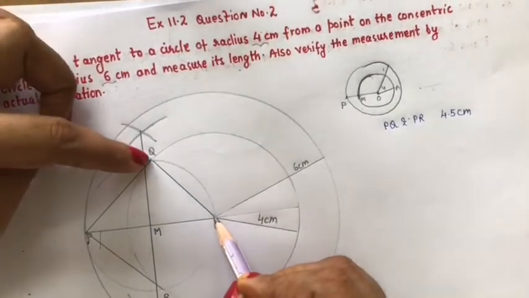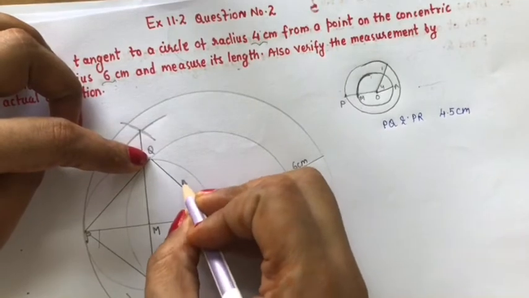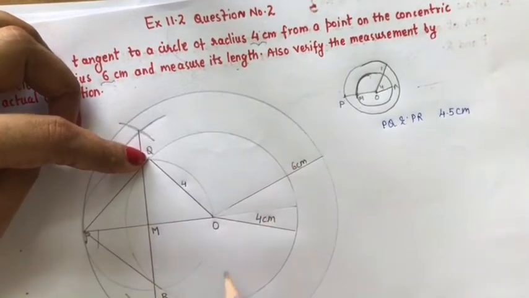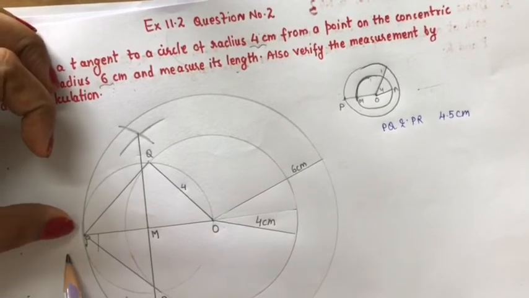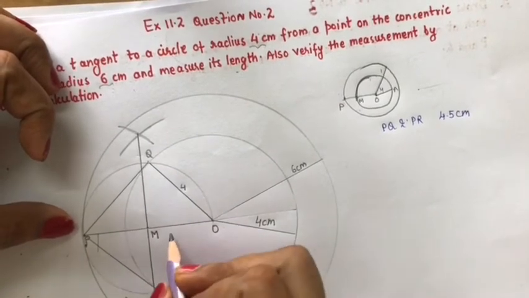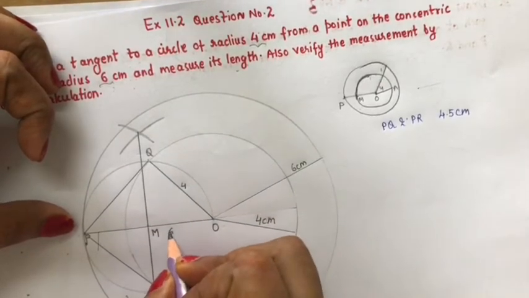This OQ is the radius of the inner circle. And what was the radius of the inner circle? 4 centimeter. Now OP is the radius of the outer circle, which we have taken as 6 centimeter, right?